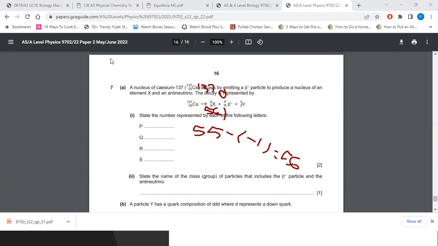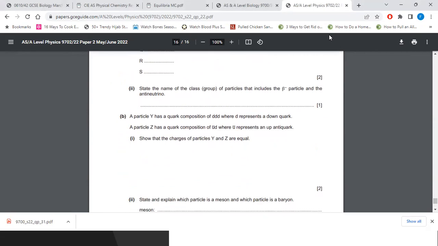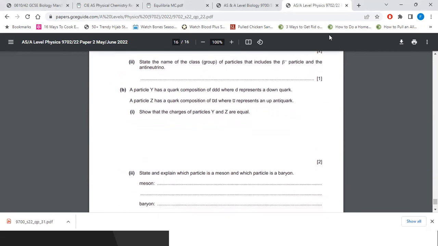Yes, miss. Next, they're saying, state the name of a group of particles that includes the beta minus particle and the antineutrino. What do you guys think? What's the name of the group of particles? Hadrons?